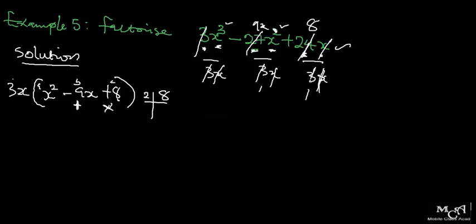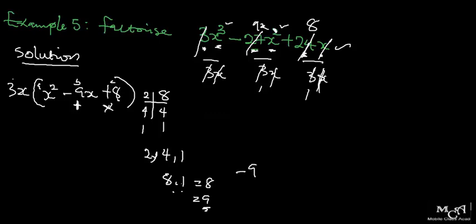Now 2 can go here, 4, right? 4 goes here, 1, right? So we have three values. We have 2, 4, and 1. 2 times 4, 8, then 1. So 8 times 1 will give me 8. 8 plus 1 will give me 9. Is that understood? But I'm not looking for 9. I'm looking for minus 9.